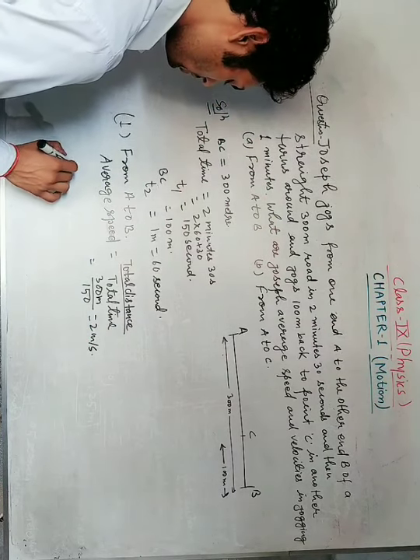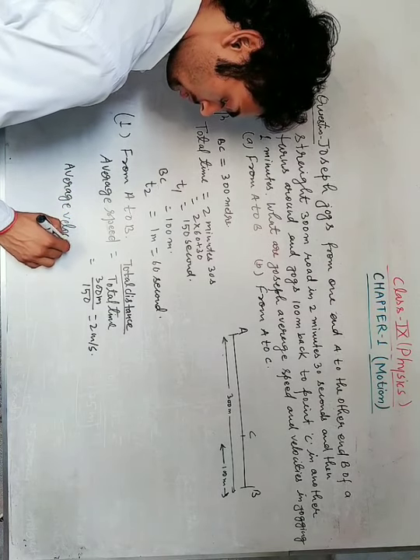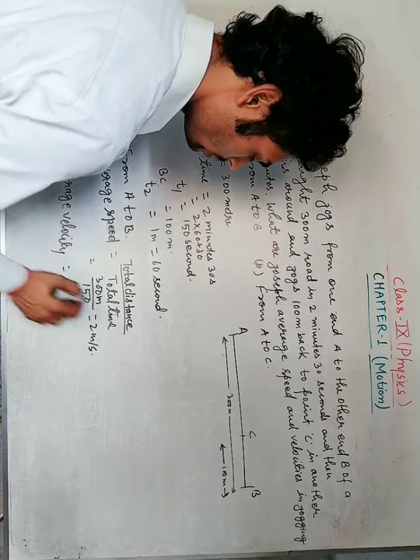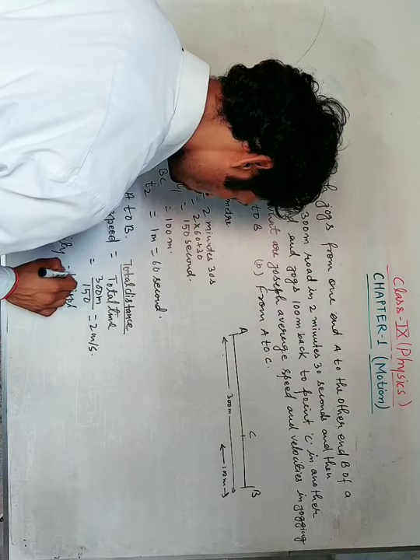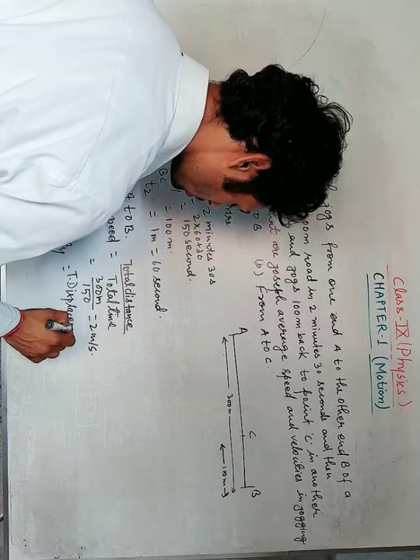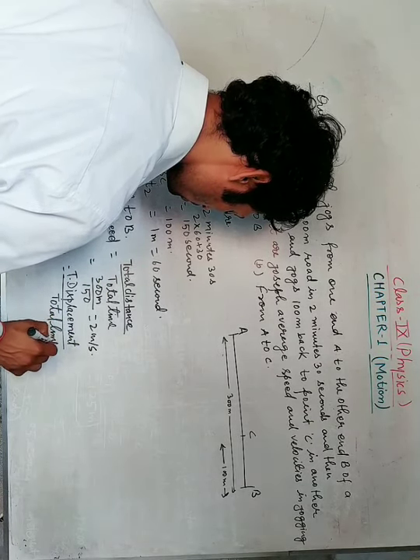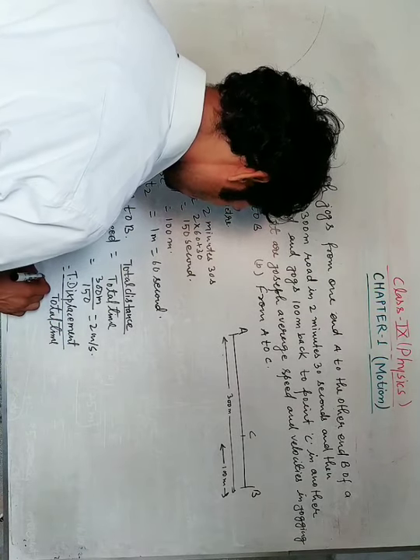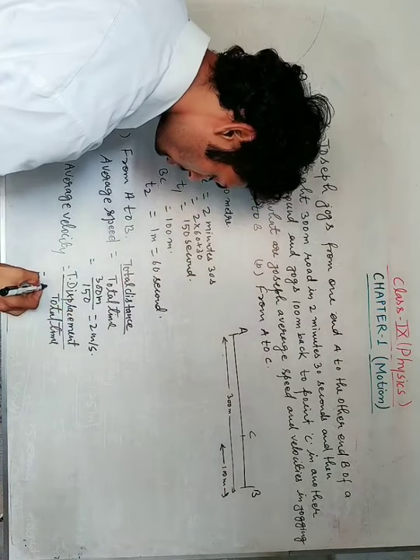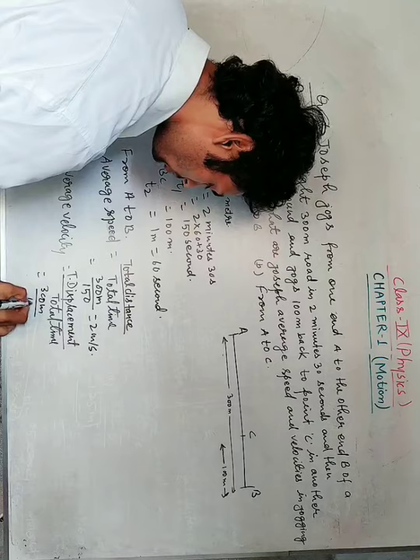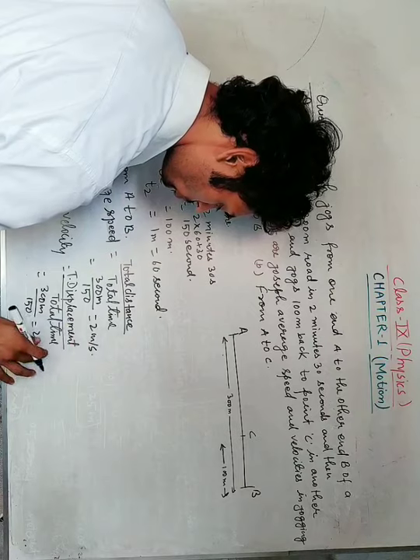And next, average velocity equal total displacement by total time taken. From A to B, distance equal displacement, so 300 meter by total time 150. So speed and velocity are the same, 2 meter per second.